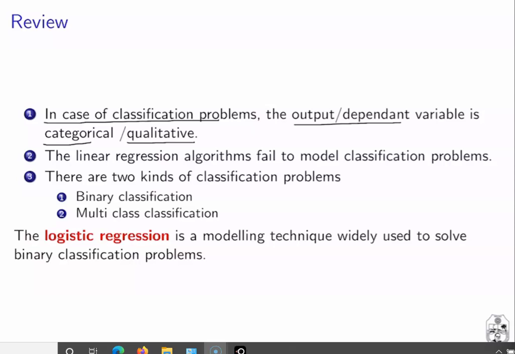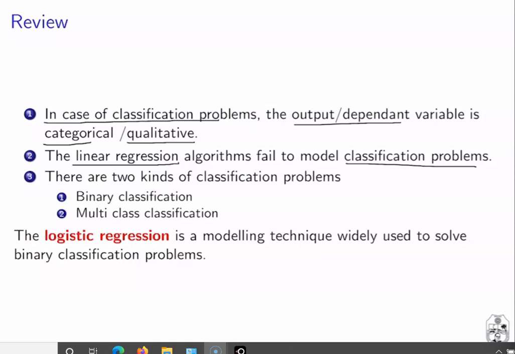The second important point that we discussed was that the linear regression technique, which is commonly used for predicting numeric values, fails to be adopted for classification problems. There are numerous reasons for the non-adoption of linear regression in classification problems, and we discussed all those reasons in the previous videos.